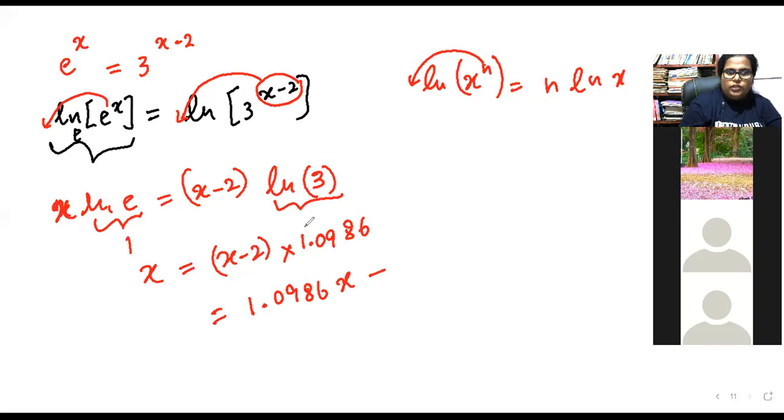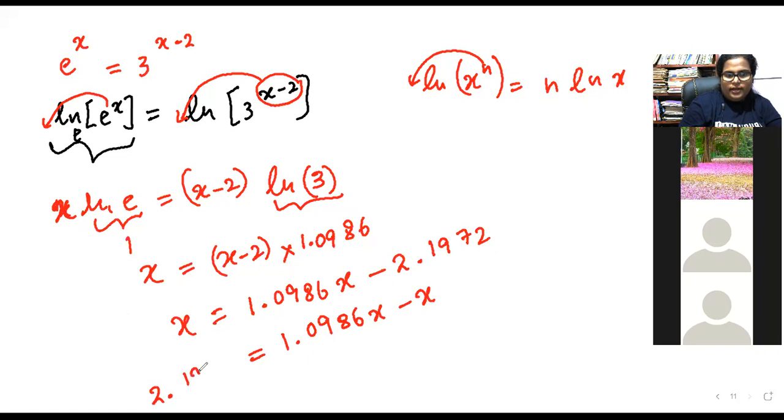So when you are simplifying 2 into 1 minus 0.0986, you end up with 2.1972. On the left hand side you have x, and I am taking this x this way. So we have 1.0986x here, and we take this x here, and we take the 2.1972 to the left hand side, so it becomes plus 2.1972.